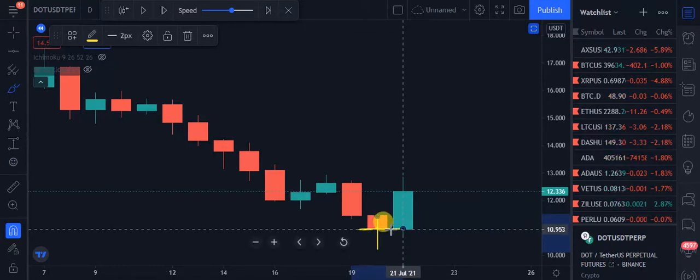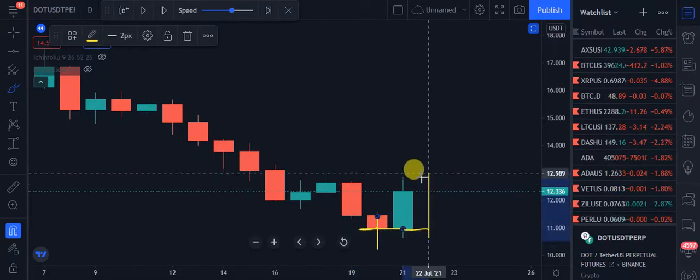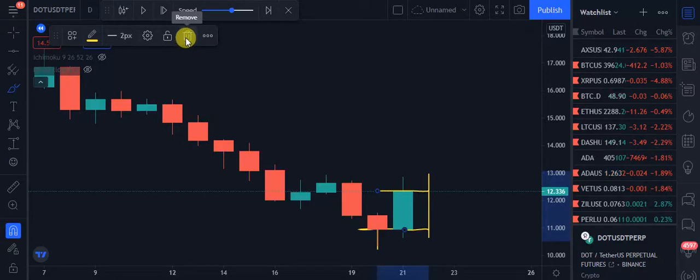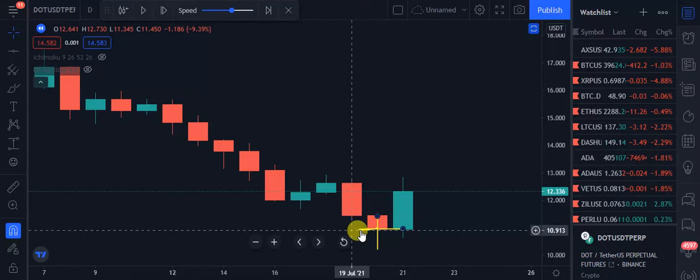That is, it made the candle close here. The new one opened with this green one. It was pushed down a little bit, but it was pushed up and ended here. Now, what I can say from this previous red candle is that they are trying to push the price up.